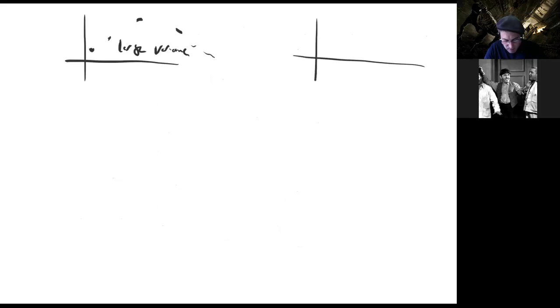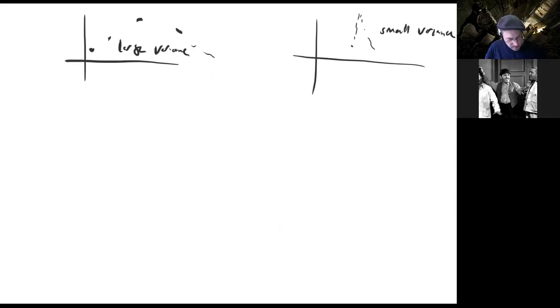If you graph the random variable and it's very spread out like this, it has a large variance. And if it's narrowly spread out around the mean, it's considered to be a small variance. This will become clearer later on.